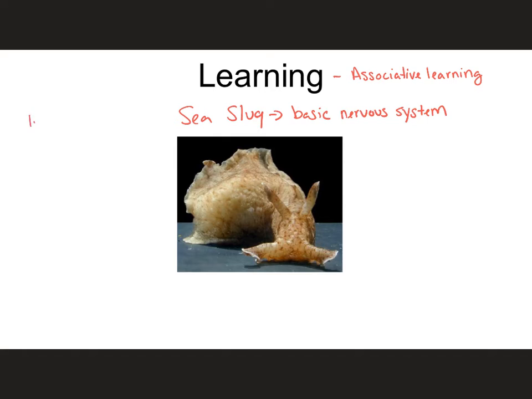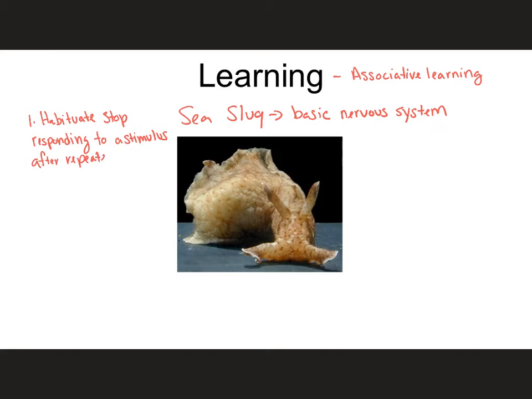The first thing that we learned is that organisms tend to habituate. And this is important to know when you're learning something, right? They may stop responding to a stimulus after repeated exposure.